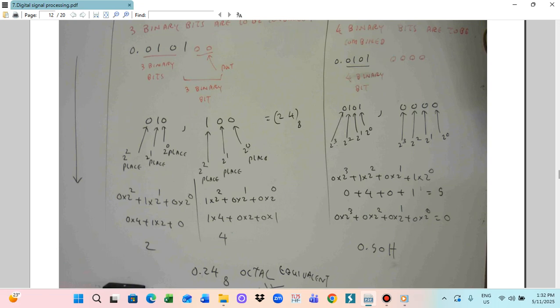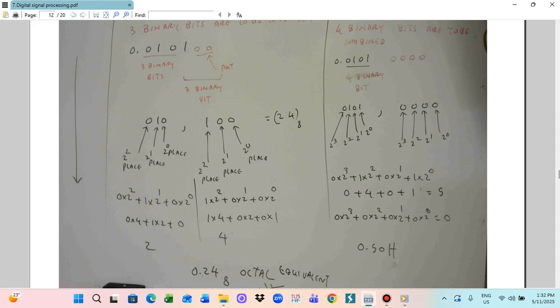So you multiply: 0 times 2 power 3 plus 1 times 2 power 2 plus 0 times 2 power 1 plus 1 times 2 power 0. That is 0 plus 4 plus 0 plus 1, so it is 5.